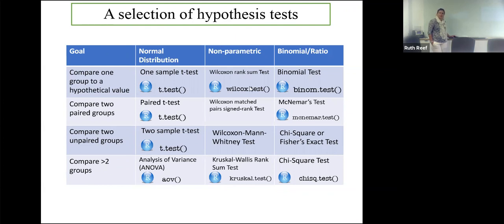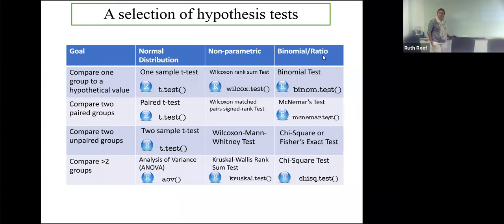There are tests that mimic the tests for normally distributed data that are non-parametric, that are not relying on the parameters of the normal distribution. And that's what we use when our data is not normally distributed. And we also have tests for data that's not continuous.